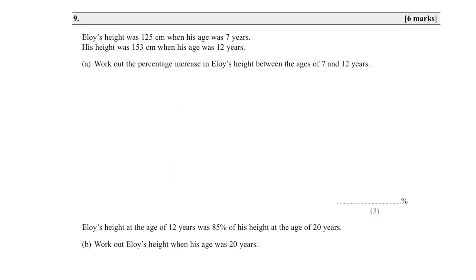Question 9. Eloy's height was 125 centimetres when he was 7 years old. His height was 153, so he grew to 153 centimetres when he was 12. Work out the percentage increase. Okay, how did I go from 125 to 153?